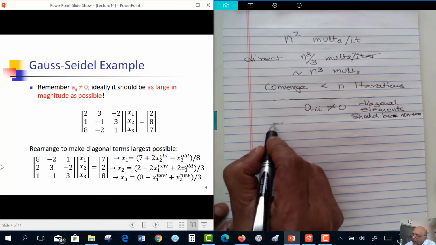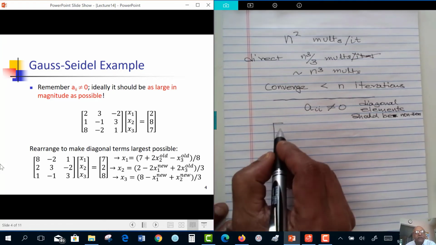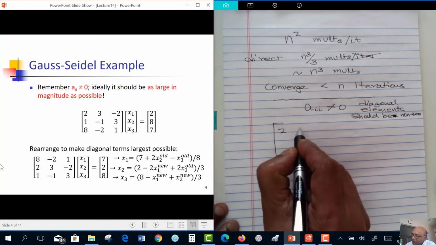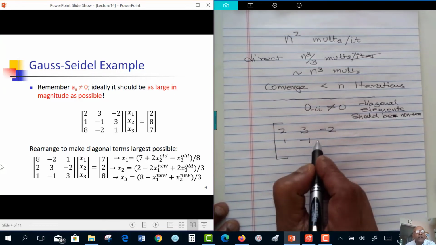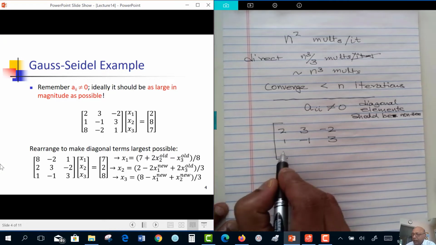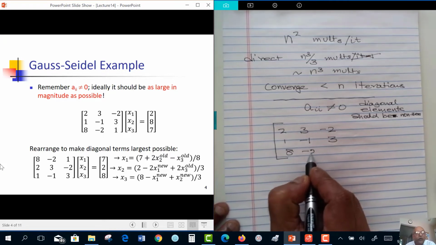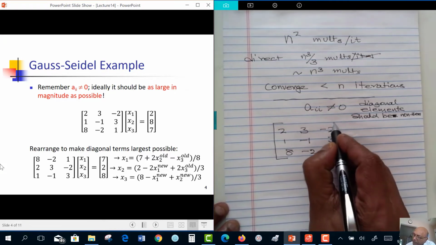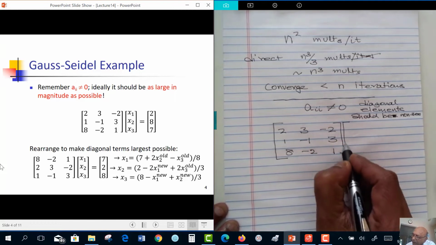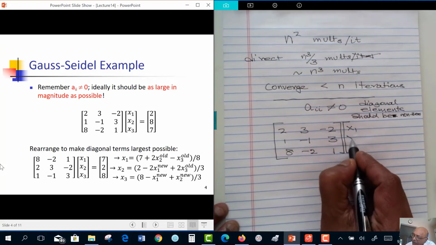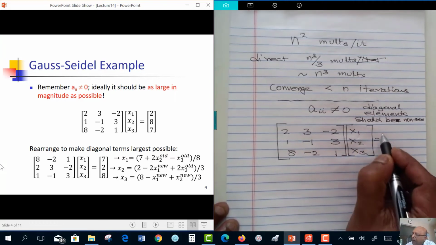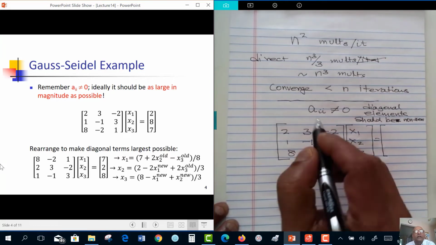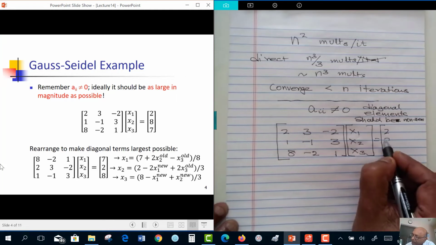So let's see our system. Let's suppose we have the system 2, 3, -2, 1, -1, 3, 8, -2, 1, times x1, x2, x3, and the right hand side b vector is 2, 8, 7.